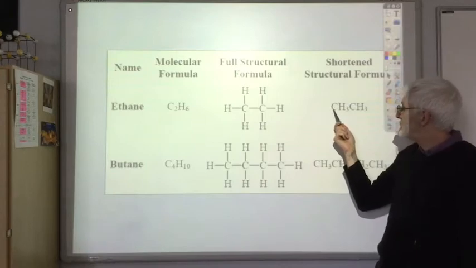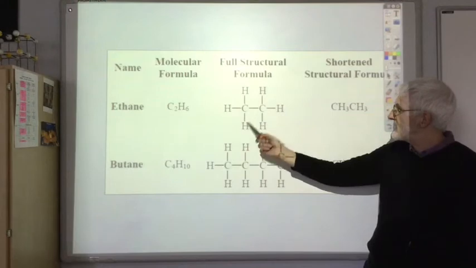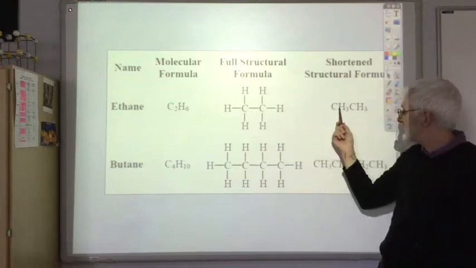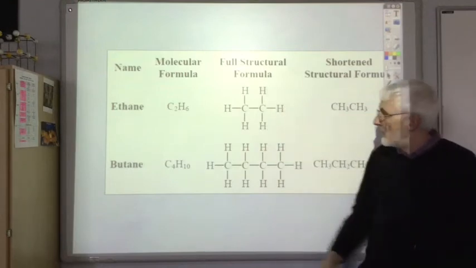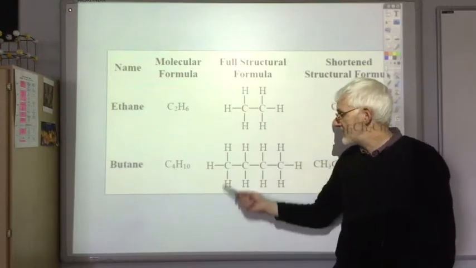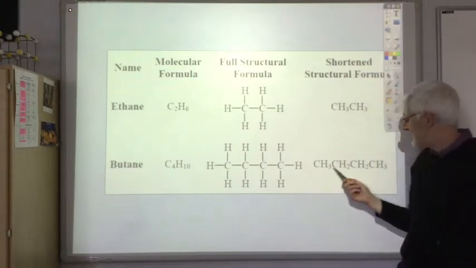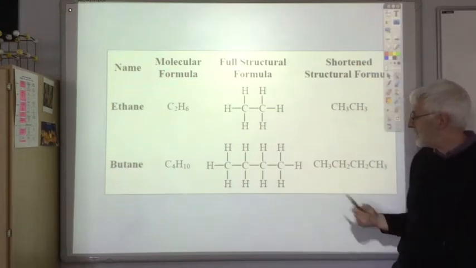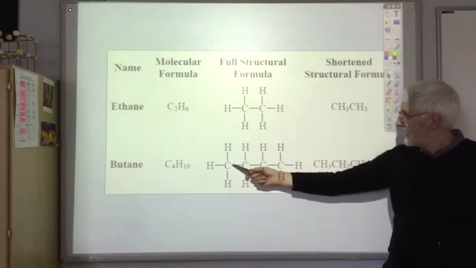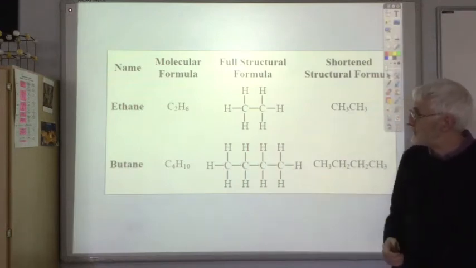So for ethane it's CH3, CH3, just saying that carbon's got 3 hydrogens, then that carbon's got 3 hydrogens. And butane, the molecular formula just tells you how many carbons and hydrogens. Here's a full structural formula, and here's a shortened structural formula for butane: CH3, that's that one, CH2, CH2, CH3.